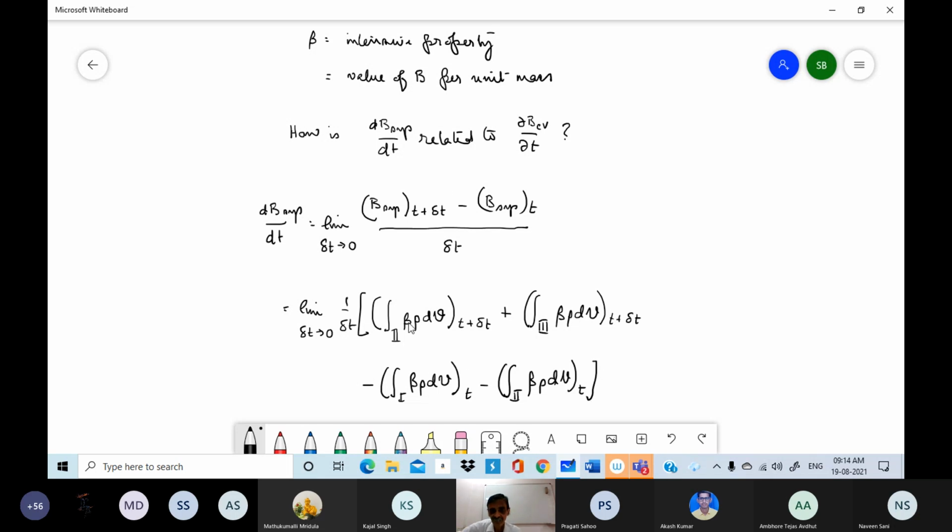So I'm integrating in order to get B for a certain region. I multiply beta, which is B per unit mass, into the mass of an element. The mass of an element is density into the volume element. So that I integrate over the region and evaluate at appropriate time.